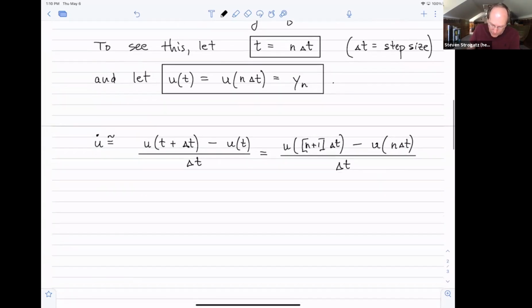And so in terms of this quantity y that I've defined, this is just y n plus 1 minus y n all over delta t.